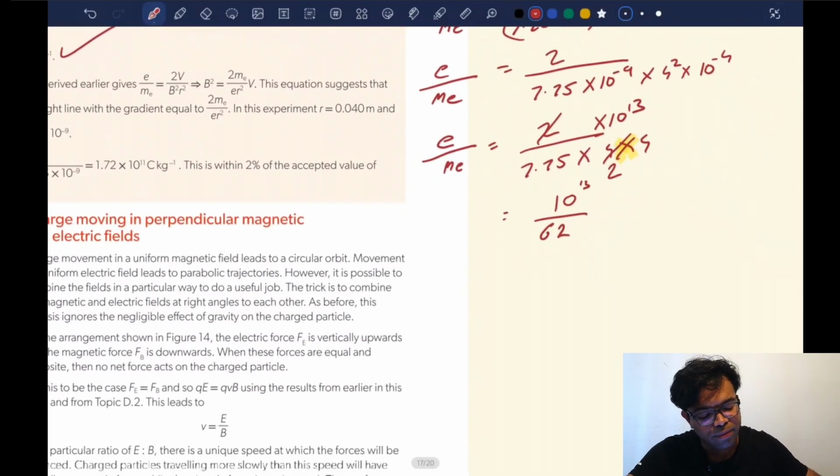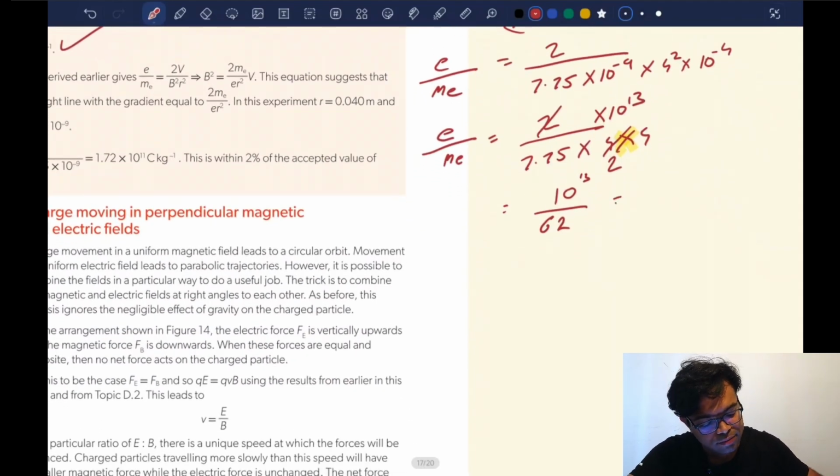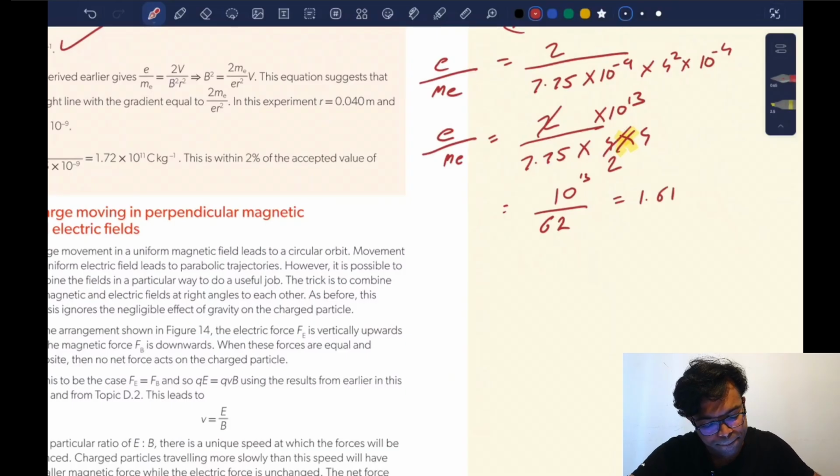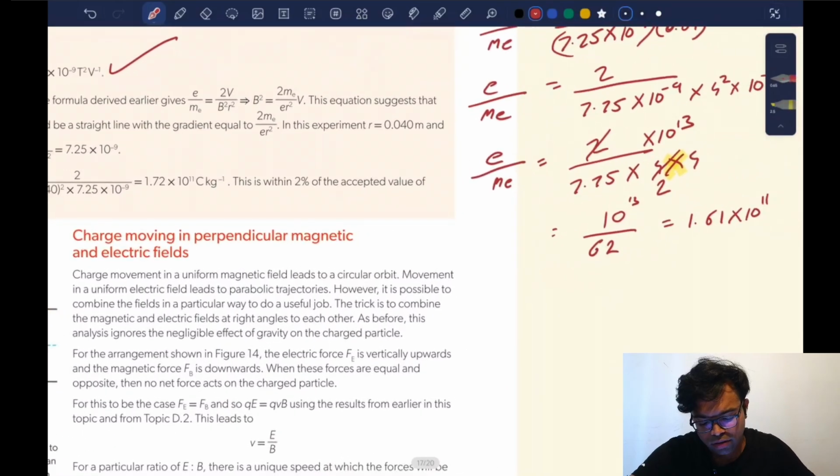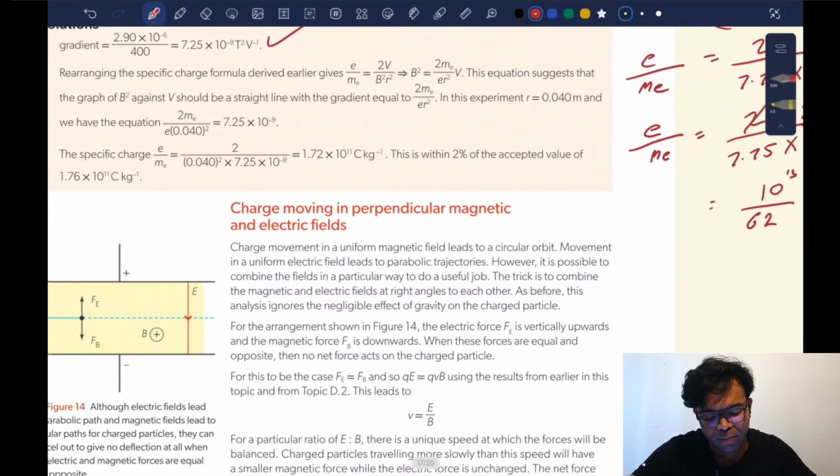Now, can you find me the final answer? 1.61. Are you sure it's 1.61? No, it's because their answer is coming out to be 1.72.